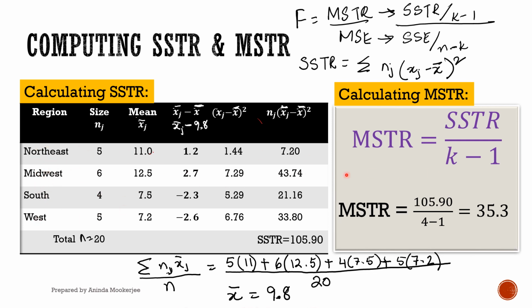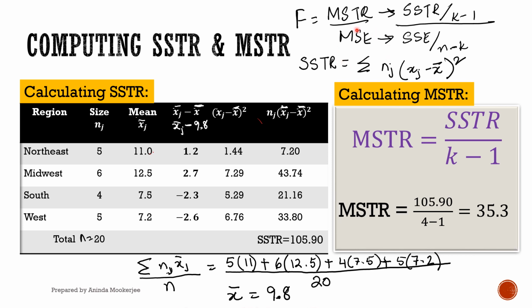So it's going to be 4 minus 1. 105.90 for SSTR, which we just calculated, divided by 4 minus 1, which is 3. We should get an MSTR value of 35.3. So in this process, we just calculated what the MSTR value would be.